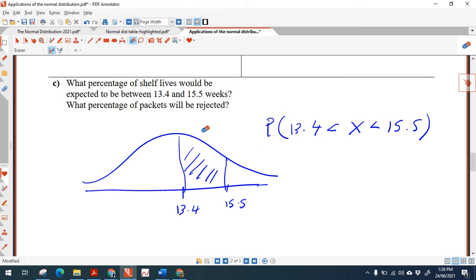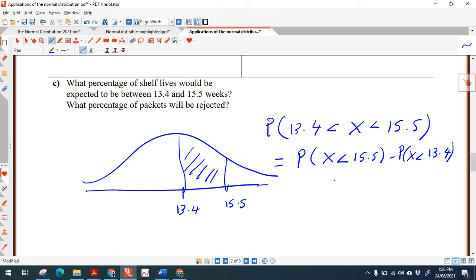So we're going to have to use z-scores. What I'm going to do though is first break this up. This is equal to the probability of x less than 15.5 minus the probability x less than 13.4.